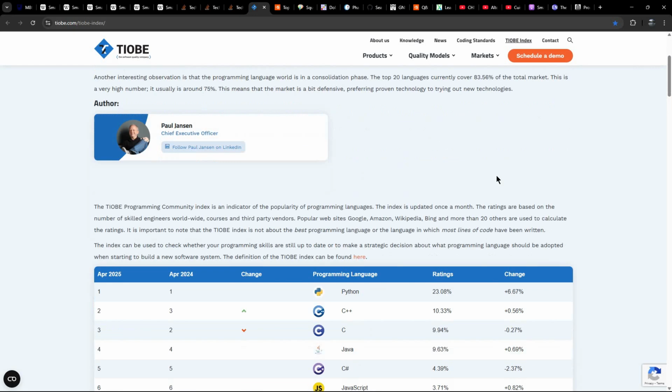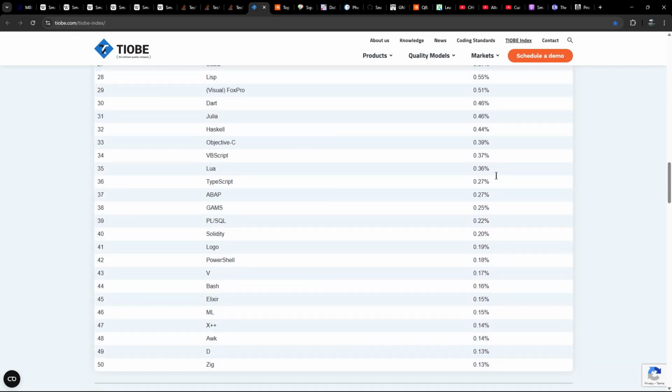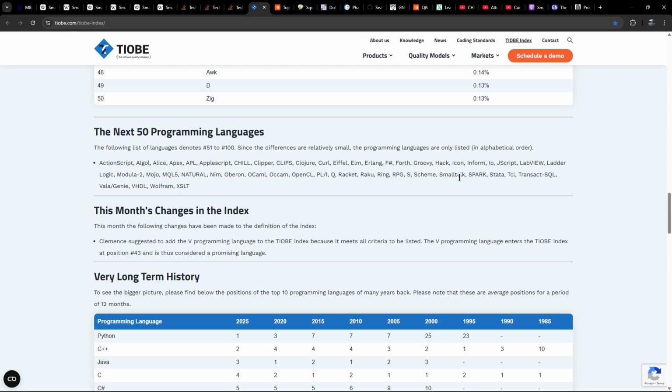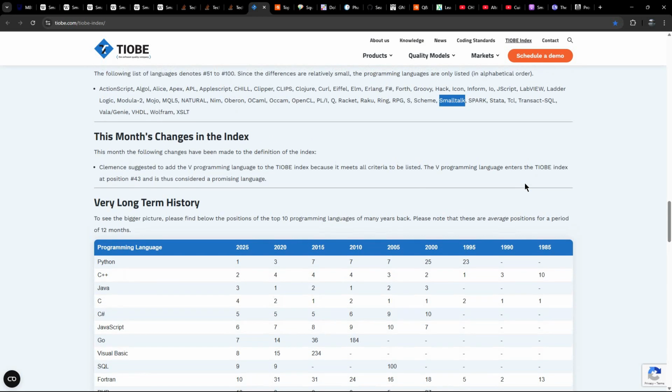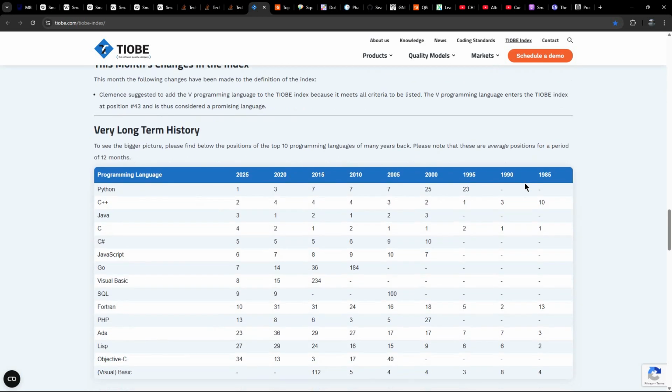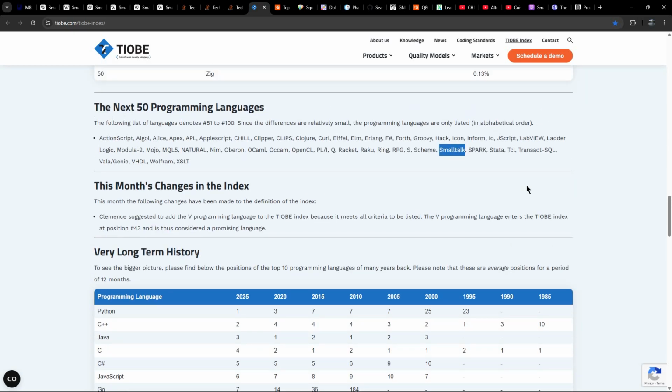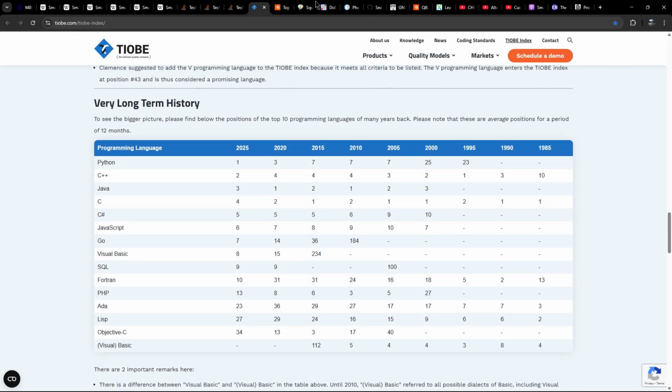In the Tyobe, I think I did see it lurking in the weeds. Yeah. So somewhere in the 51 to 100 area. And these are just in alphabetical order, unfortunately.